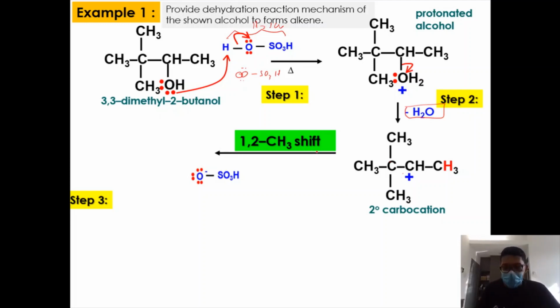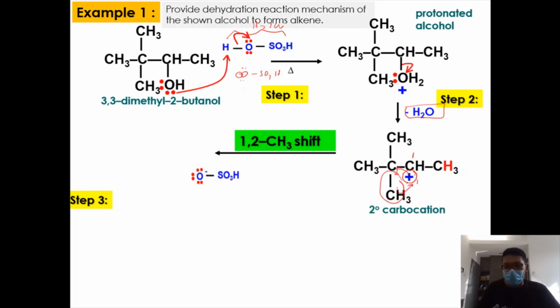The name is 1,2 methyl shift because we will indicate this as carbon number 1, the protonated carbon, and now bring it to number 2. So that is why we call it a 1,2 shift, and the CH3 is going to move to that side here.